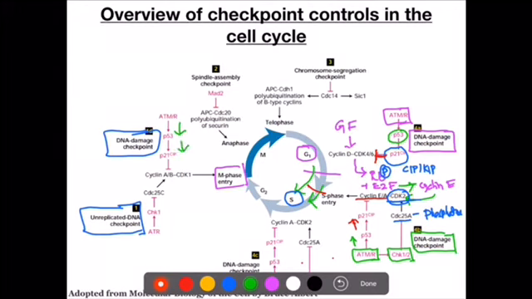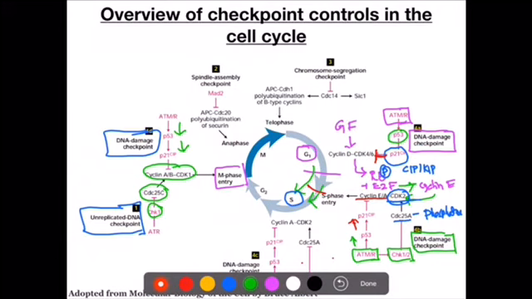This P21 inhibits the cyclin A, B-CDK1 complex. Also, the internal signal, that is unreplicated DNA, activates the ATR protein. This activated ATR activates CHK1, and CHK1 in turn inhibits the CDC25 enzyme, and inhibition of CDC25C by CHK1 inhibits the cyclin A, B-CDK complex.